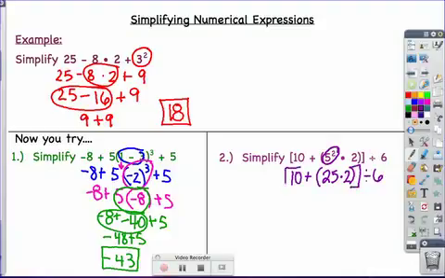Next, I have to finish what's in those parentheses, the innermost parentheses, so 25 times 2 is 50. Next, 10 plus 50, and 60 divided by 6, which is 10.